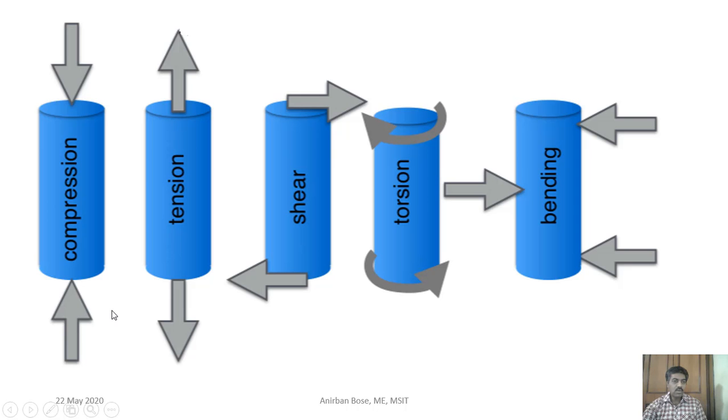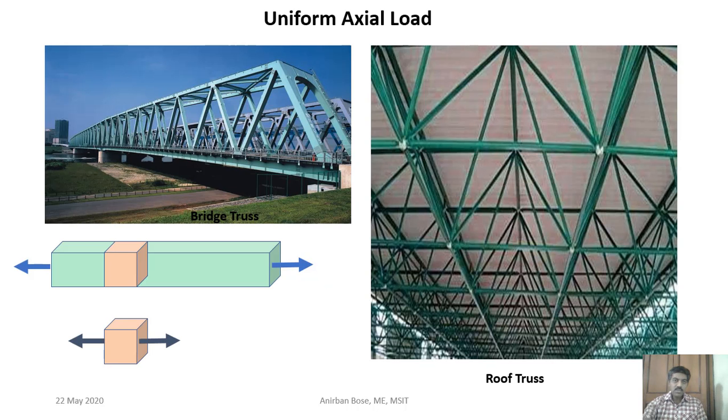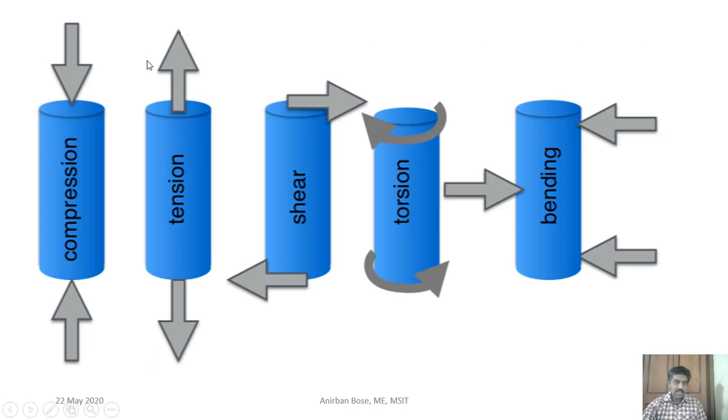Now one by one we will look at each kind of load and what kind of stresses will come in the member. First we will take the load which is called uniform axial load. We have seen in the last picture that it can be either tensile or compressive.